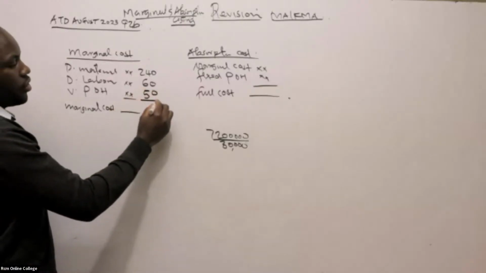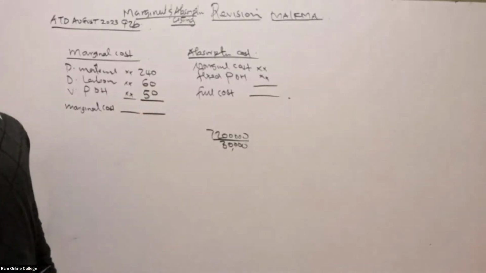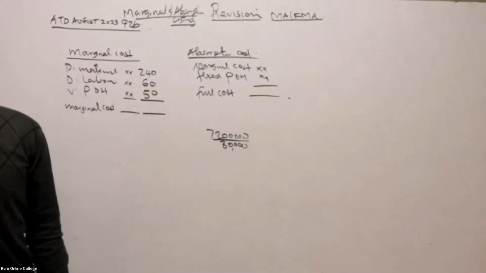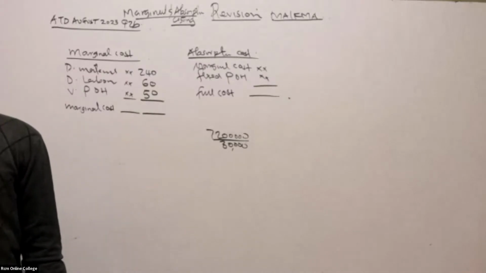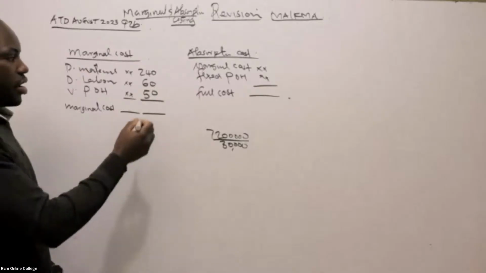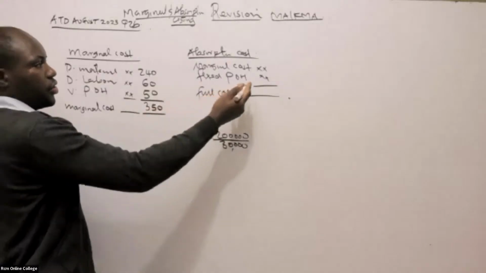So when you add all the three, you'll be getting what you call marginal cost. So what's our marginal cost? 350. Good.